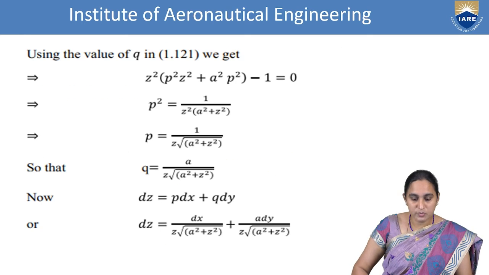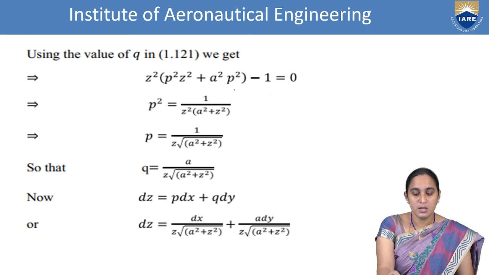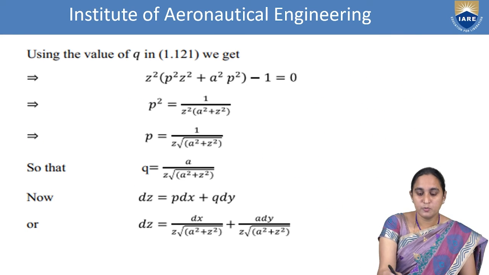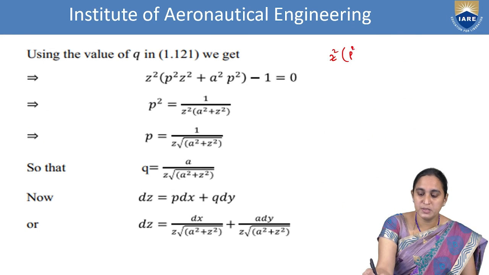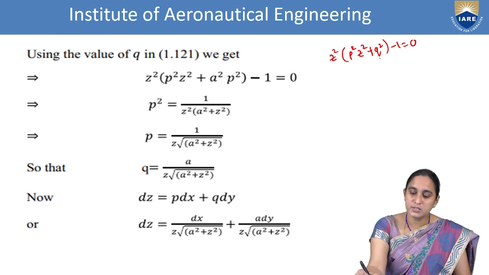What is the given question here? z square into p square z square plus q square minus 1 is equal to 0. This is the question. After substituting q, what is q here?